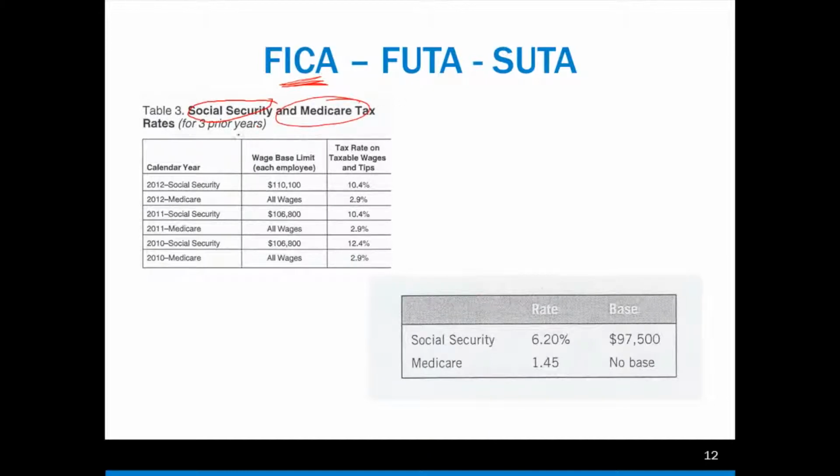Okay. What you're looking at here is a table from Circular E, the 2013 edition, and this gives you the information for calculating your Social Security and Medicare based upon the year before. But what I want you to see is that this constantly changes, as I alluded to in previous videos.